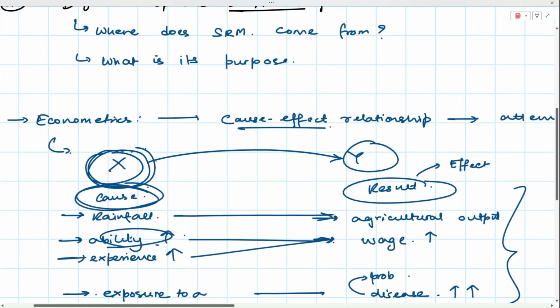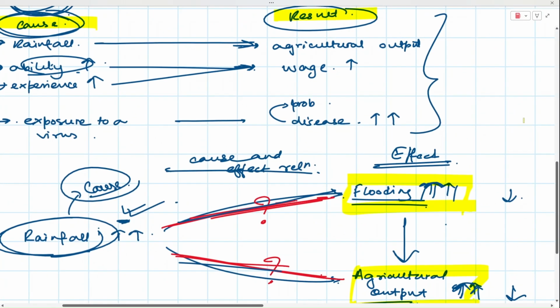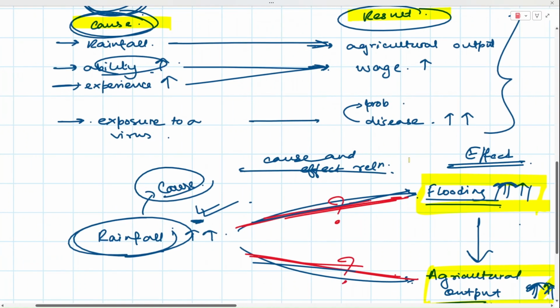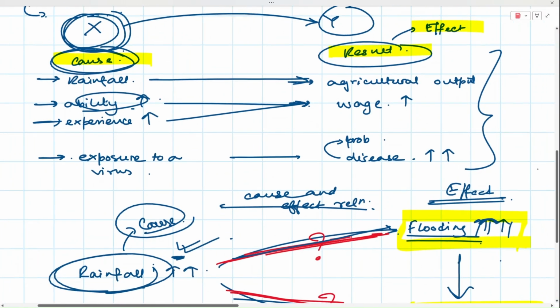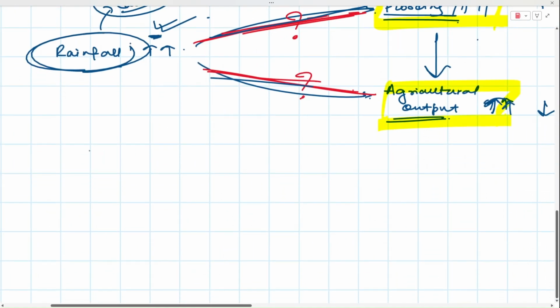So that means in econometrics, our main idea is we decide a cause. So there's a cause and then there's a result or an effect. And we are essentially trying to find a functional relationship. So this chart that I have is a pictographic version.